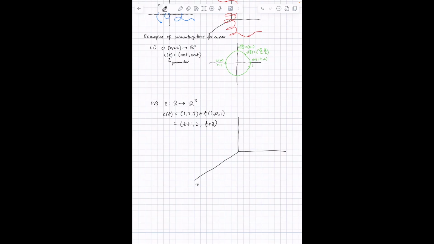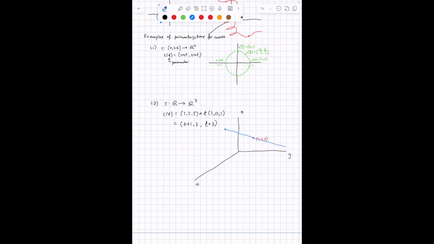Here's the x-axis, y-axis, and the z-axis. This curve has the point 1, 2, 3, right here. And then there's a vector, 1, 0, 1. And as you increase t, you increase this vectorial piece. And so you get a curve that moves like this.